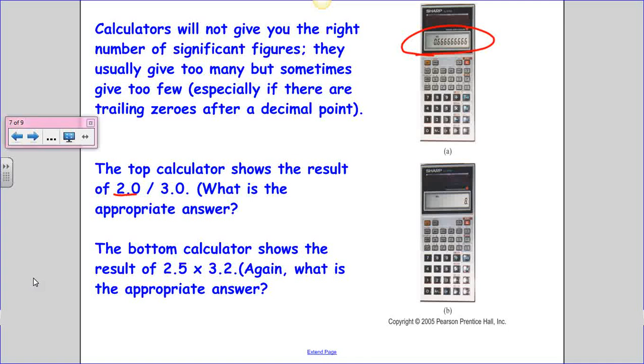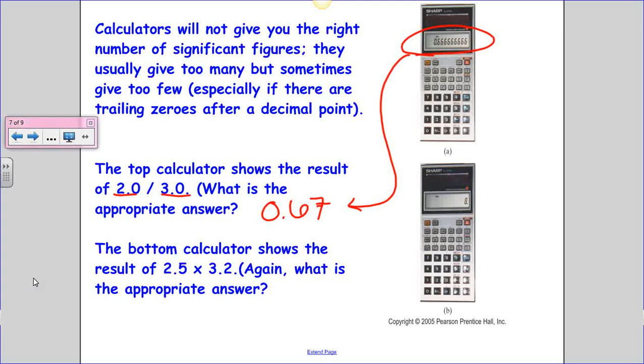And the same with 3.0. Both of these have 2 significant figures. So that means we need to round this number to 2 significant figures, which would be 0.67. Does the 0 count? No, because it's in front and it's a placeholder. So 1 significant figure, 2 significant figures. And I rounded up to 7 because it's 0.666.